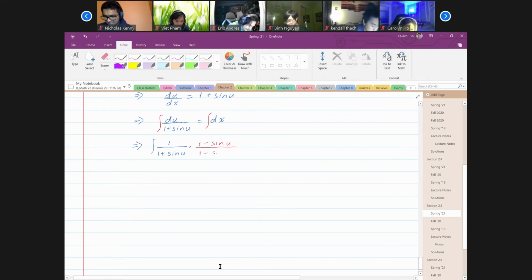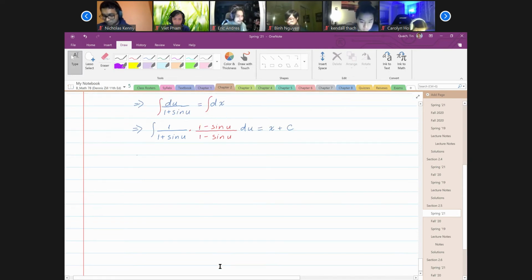Okay. Now on the right-hand side, that's easy. That's just x plus c. And then on the left-hand side, that becomes 1 minus sine of u over 1 minus sine squared of u.